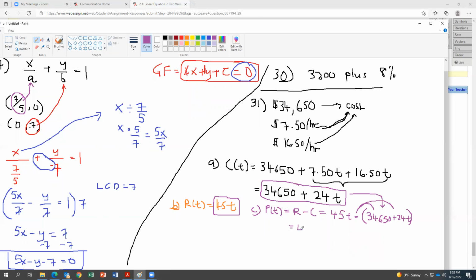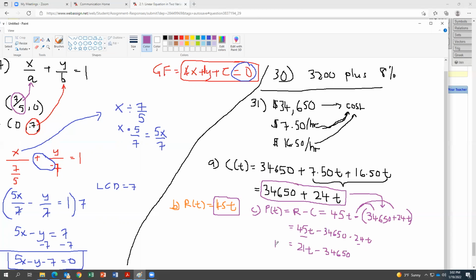So this will become 45t minus 34650 minus 24t. The negative has to be distributed to here. And then you combine like terms. So 45 take away 24 is 21, I believe. 21t minus 34650.